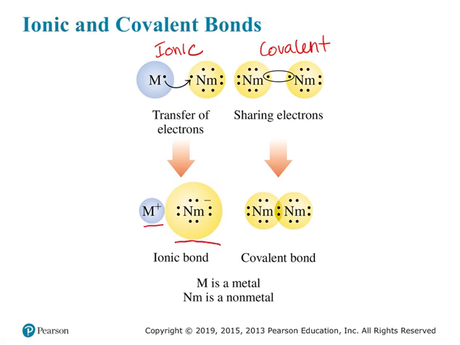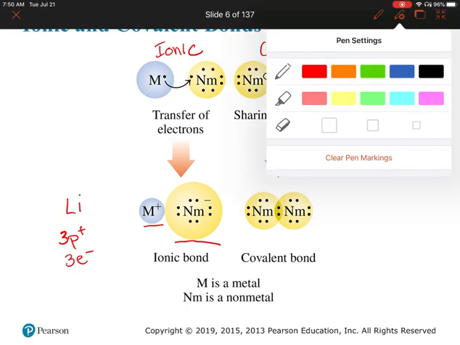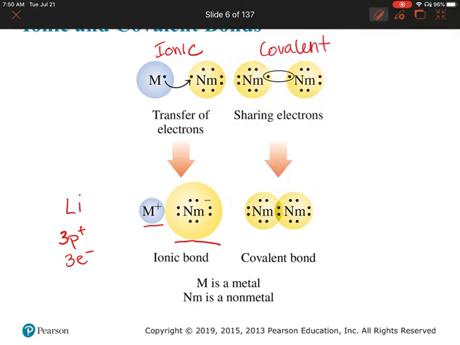So for example, let's say that metal atom is lithium. And we said that lithium has 3 protons and 3 electrons when it is neutral. But what if it loses one of its electrons? So let's say now it has 2 electrons.